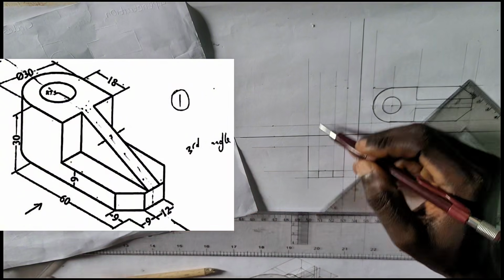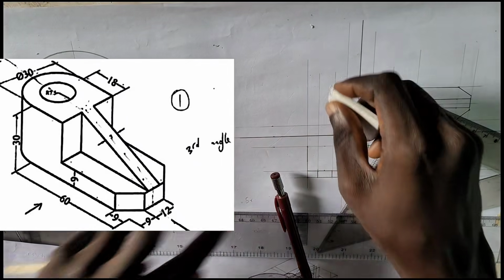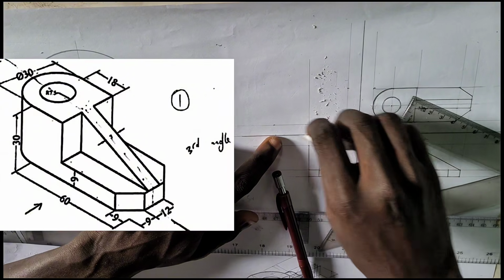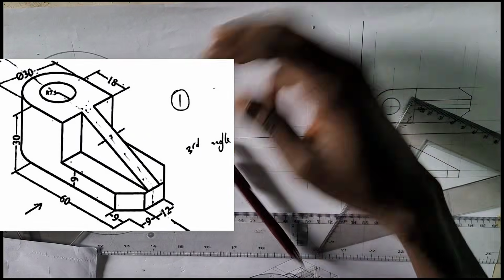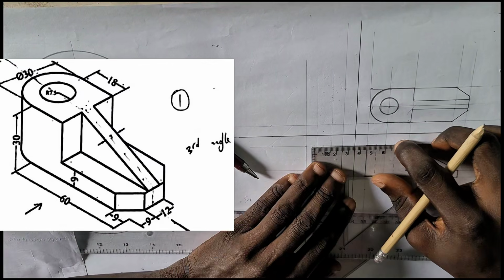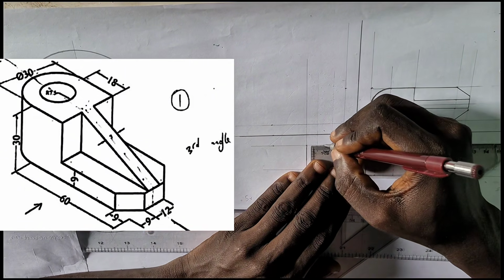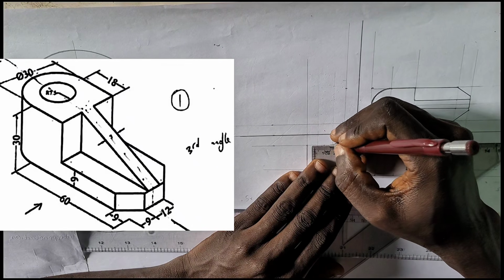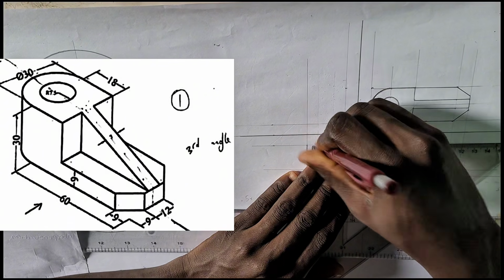This line that I extended, I am not supposed to extend the line. Let me erase it so that it will not confuse you. Okay, so let's get the 3.5. 1 2 3, so this is 3.5. 1 2 3, this 3.5.